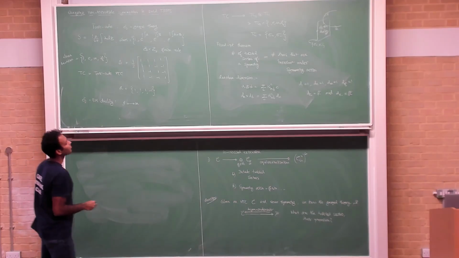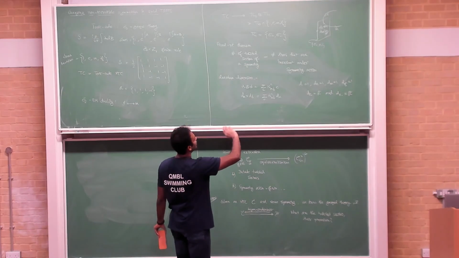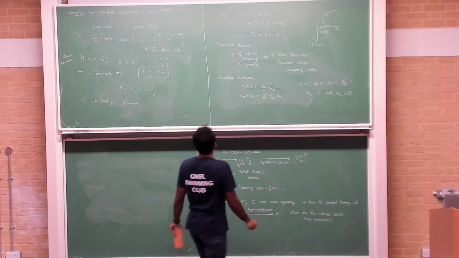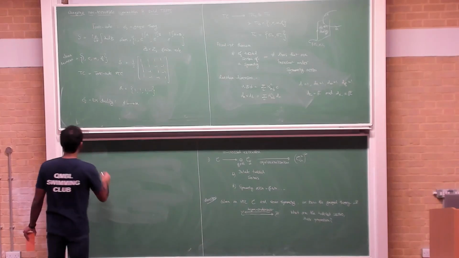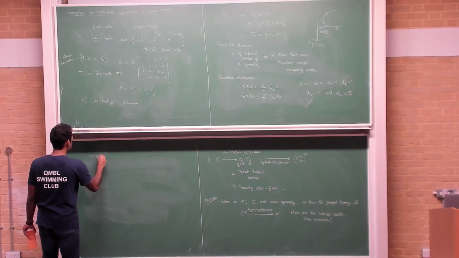So far we have added the twisted sectors and we have constraints on their quantum dimension. With a little more work, you can show that the twisted sectors have the following fusion rule.